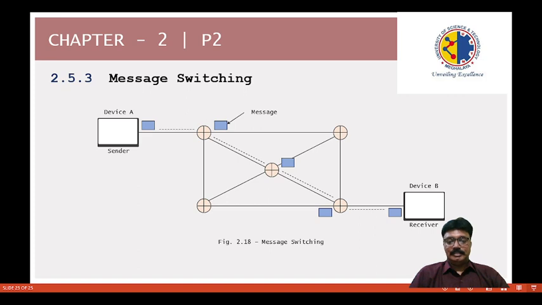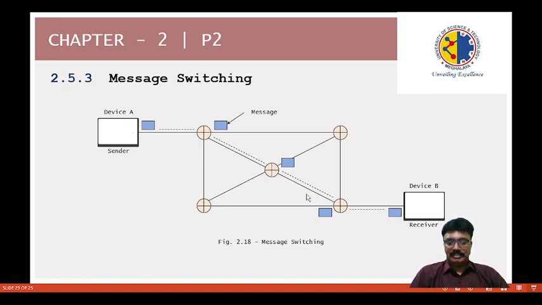Now message switching. Consider how a message is transferred between device A and device B. The entire message is transferred to one router, then the entire message is transferred to the next, and so on. While the message is in one particular router, it does not exist in the other nodes.